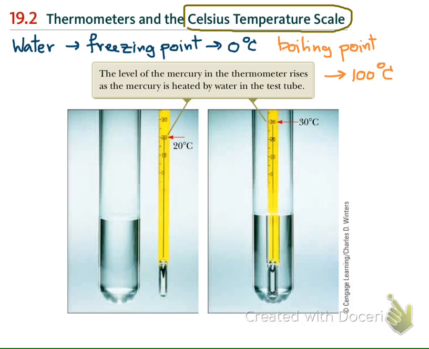So if we want to measure a very accurate or very precise value of the temperature, we need a better method, and the better method we will present in the next section.